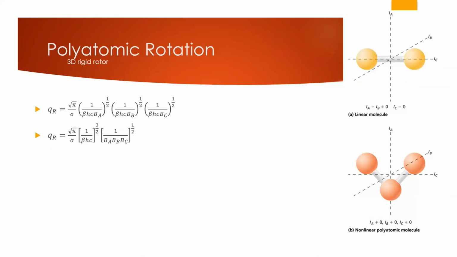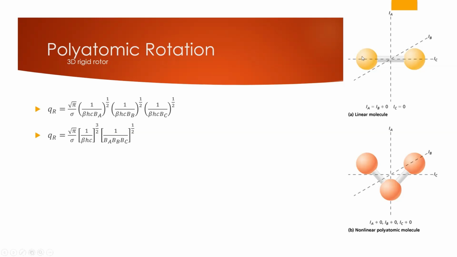We have to make one more correction for some molecules due to indistinguishability. If our molecule is symmetric, for example, this molecule here, when it rotates, if we do a 180-degree rotation in this direction, it's going to be back in the same form that it started as. And so for this, we have to introduce another parameter that takes into account, again, overcounting due to things that we can't actually distinguish.